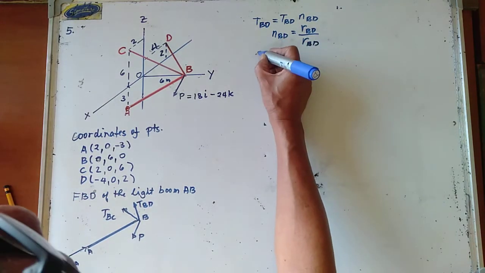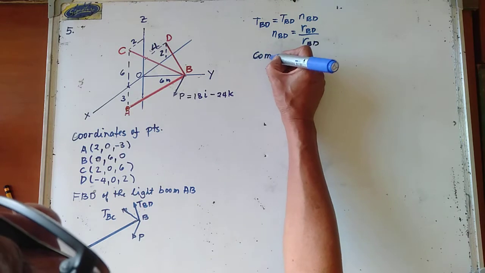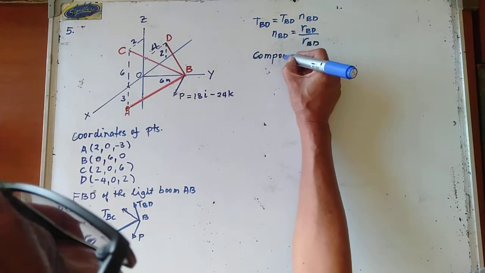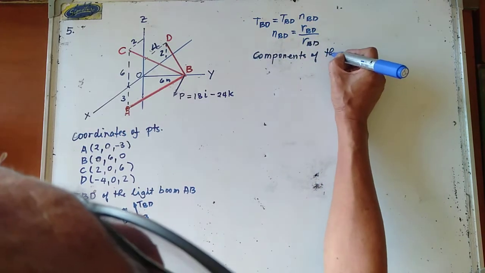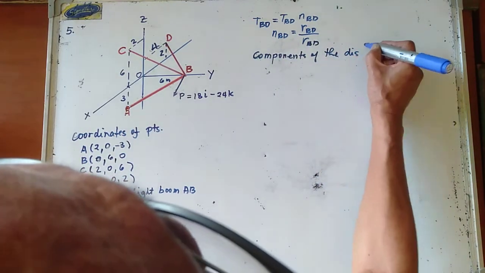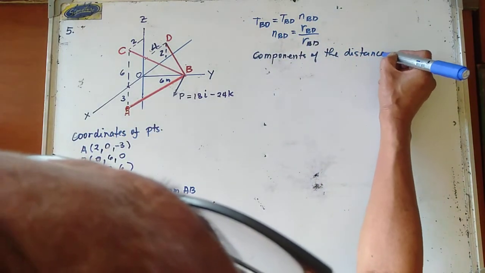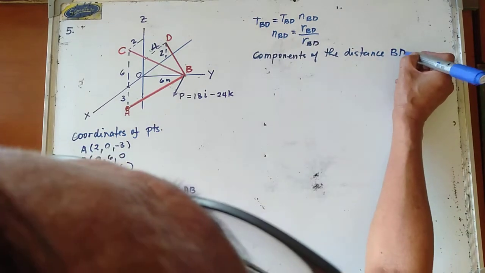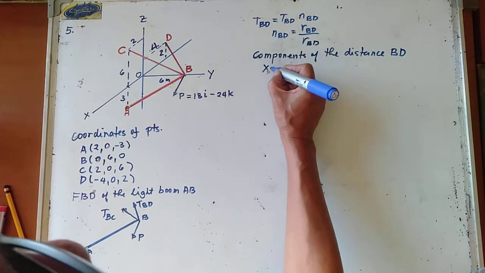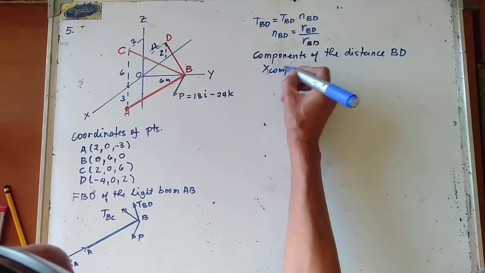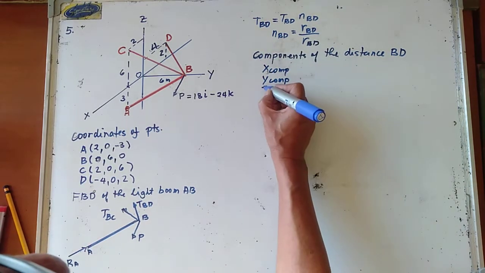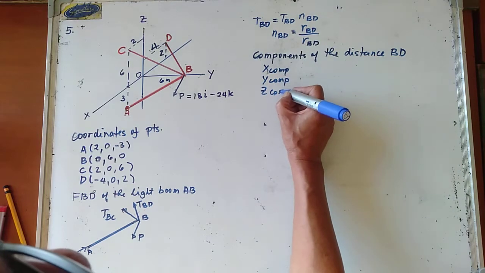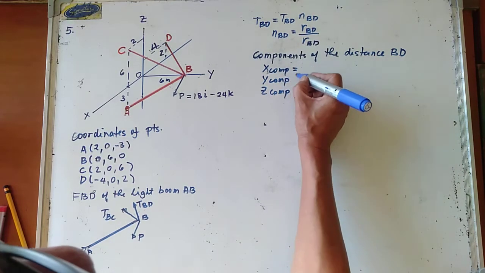So let's determine the components of the distance BD: x, y, and z.